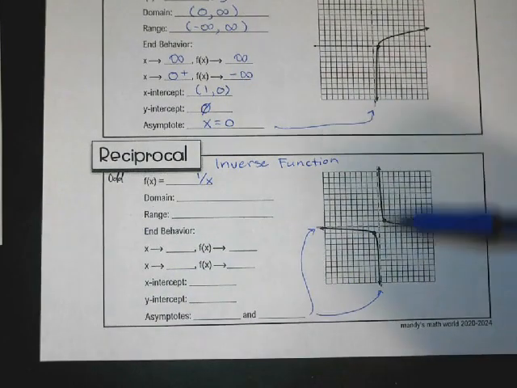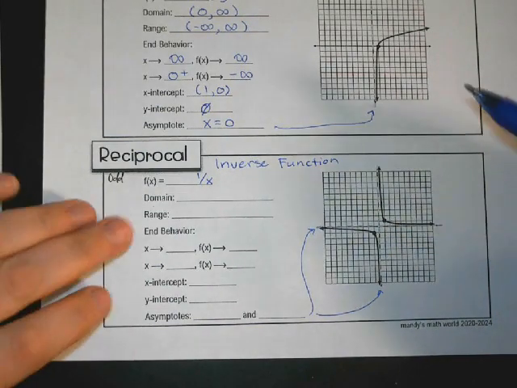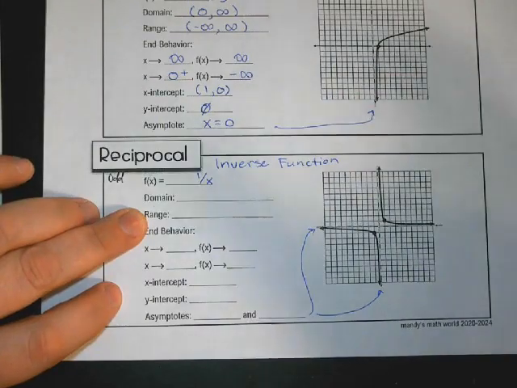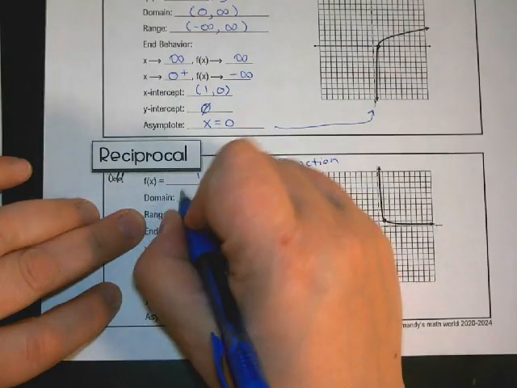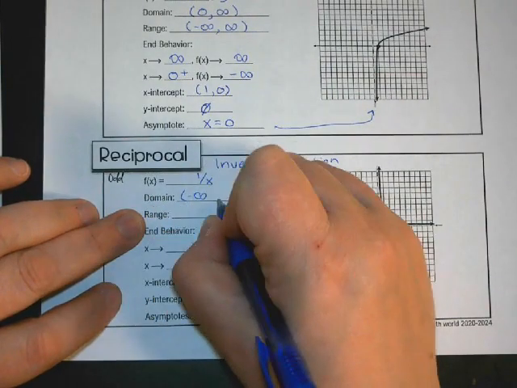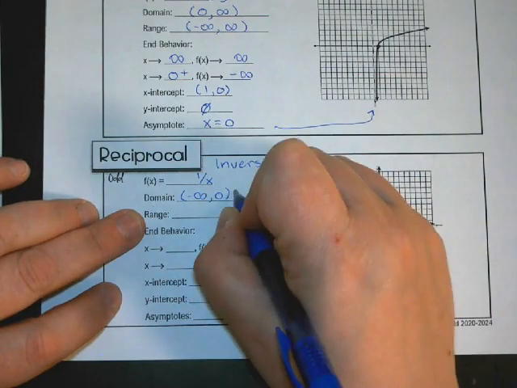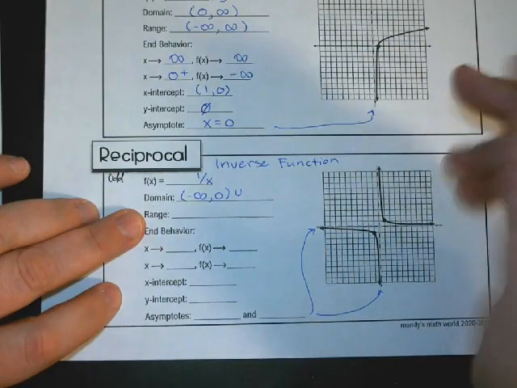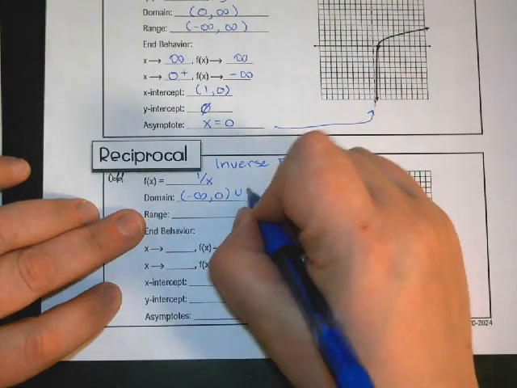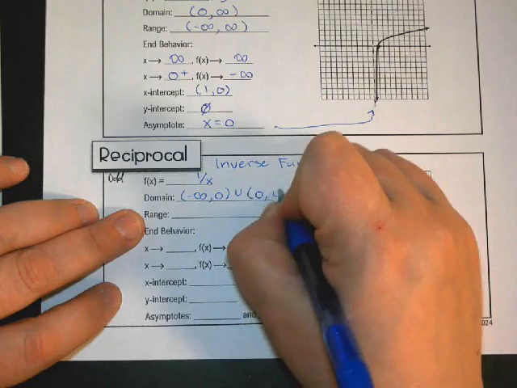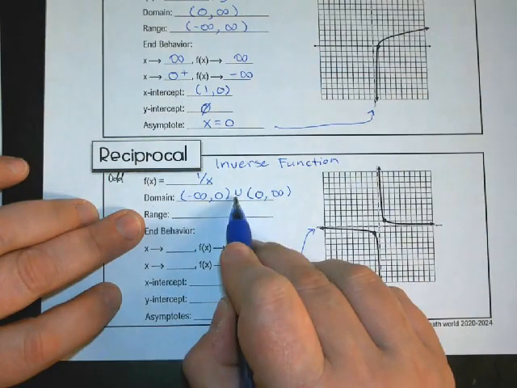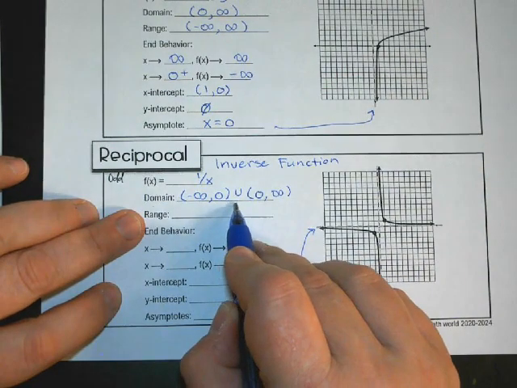I can also tell that I will never be able to get y equals 0. So that means that for my domain, I need to find a way to express those exclusions. So I'm going to write negative infinity to 0, not including 0, and I'm going to unite that with the domain of 0 to infinity. So that is actually a logic symbol that means union.